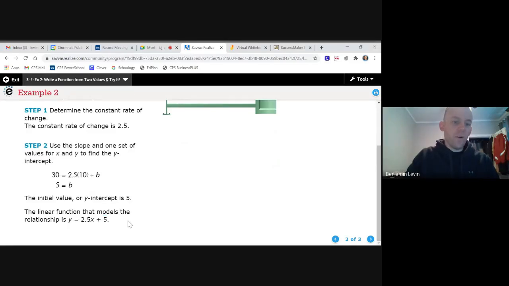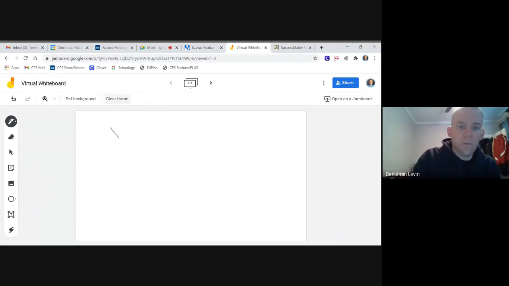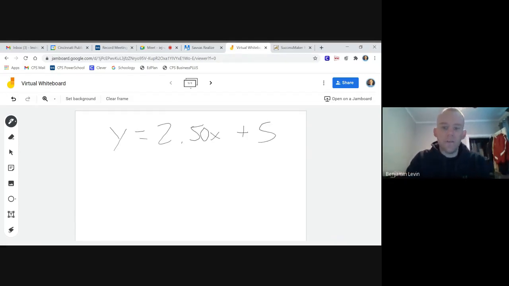So what does this mean? If we have a function right here that says y equals 2.5x plus 5. This is really 250, right? It's 250 a toy to make the toys. Well, what do we call this? What's another word for this y-intercept? If we were going to graph it, what is this?